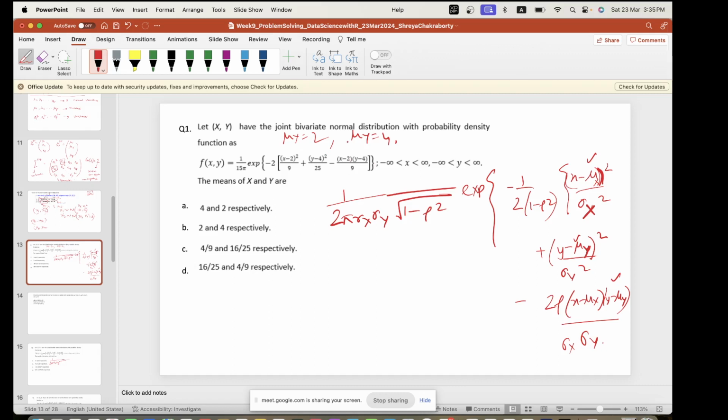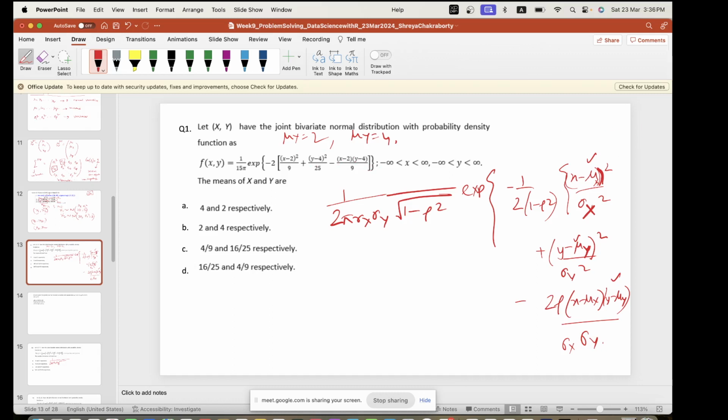Let's say if you were given something like x minus 3 into y minus 4 or something else over here, then we couldn't have said that mu x is 2 and mu y is 4 that straightforwardly.